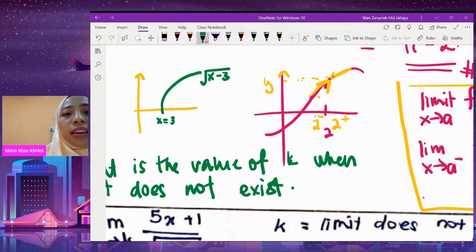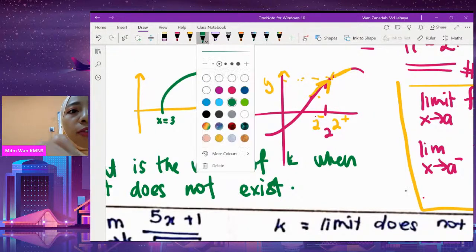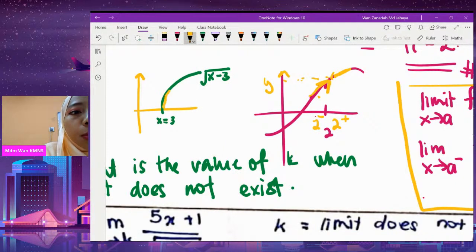What can you say about the limit x approaching 3 from the right? I use another color. This one is 3 from the right, this one 3 from the left.